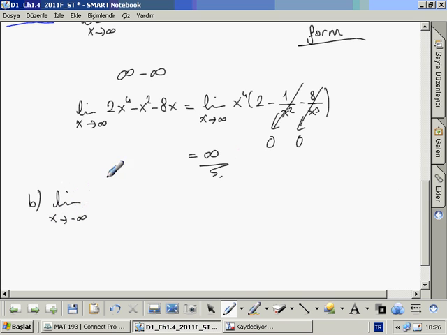For the other part, the same thing applies: the limit as t approaches minus infinity of 1 over 3 t to the power of 5 plus 2 times t cubed minus t squared plus 8.